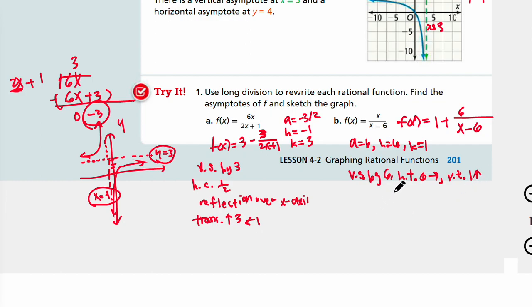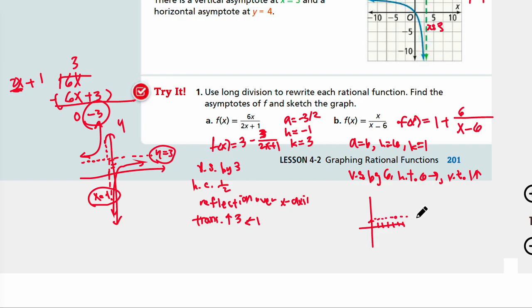So from our parent function 1/x, that looks something like this, we have a translation of 1 unit up and 6 units to the right: 1, 2, 3, 4, 5, 6.